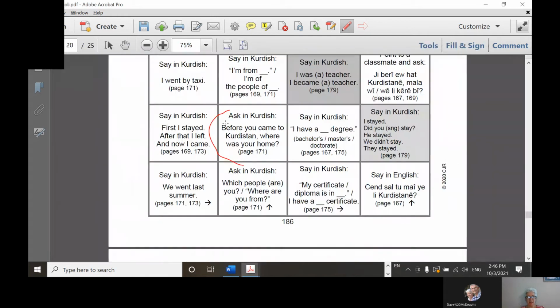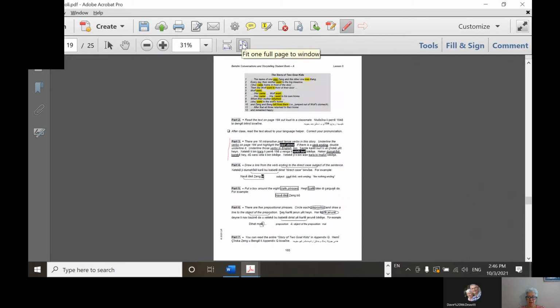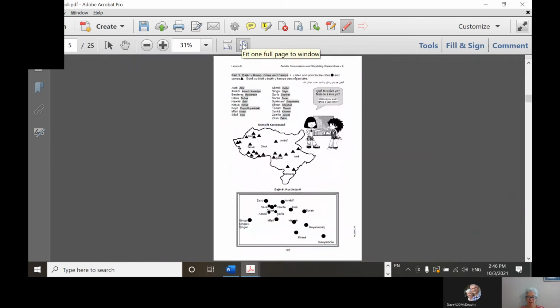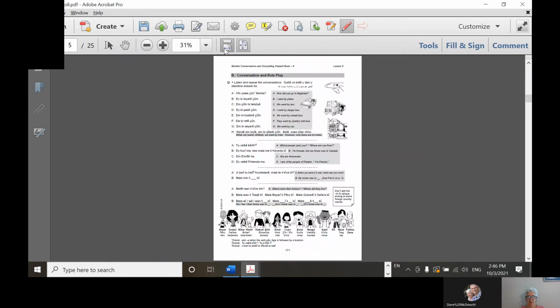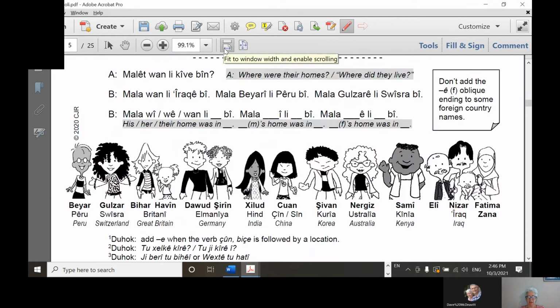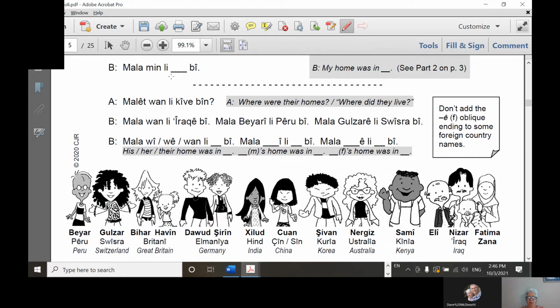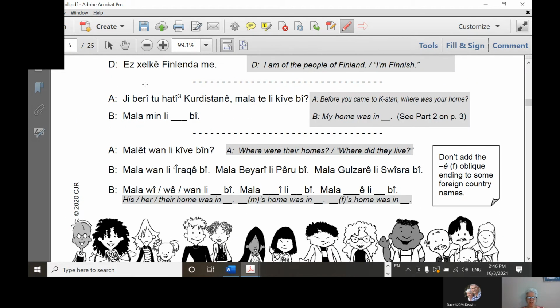And in the Zakho dialect, where's your home? There you go. Jberi to Hati Kurdistani, Malatal Kivabi. There's your question in Zakho dialect.